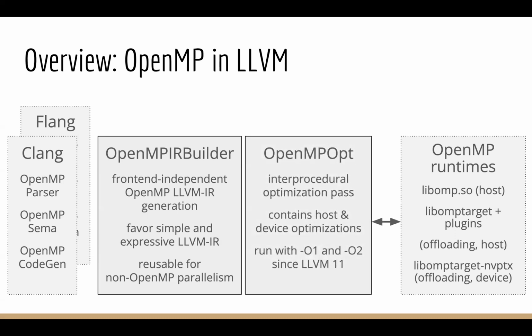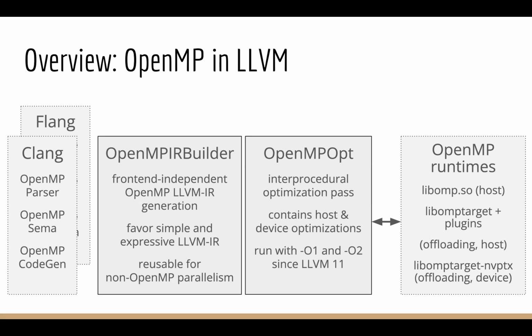And finally, one new thing that LLVM offers that is unique with regards to OpenMP is a specific optimization path that is OpenMP aware. That path understands OpenMP, understands the runtime calls, understands the semantics of parallel regions, tasking, and so on. And it performs specific high-level host and device optimizations.